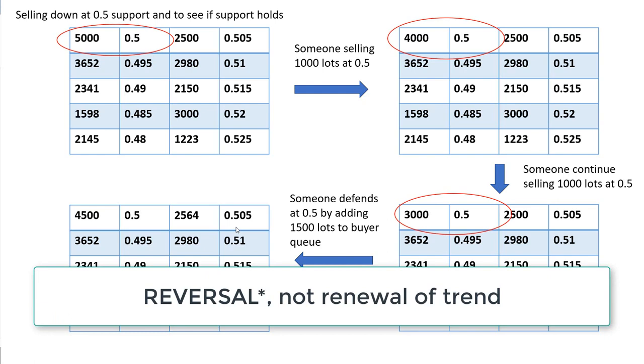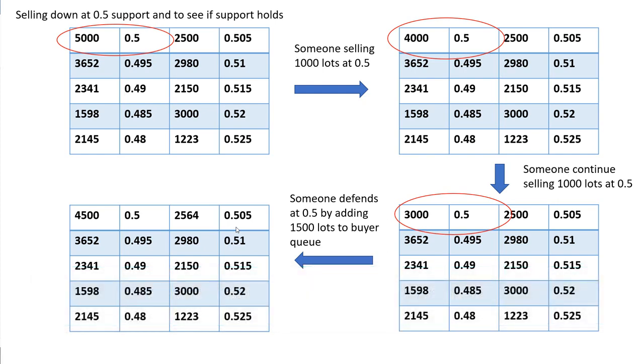That means the selling momentum may end, and that is the start of the buying trend. Now, all this is to allow yourself to think, is this support really a support? To have a confirmation of the support price that you have in mind.